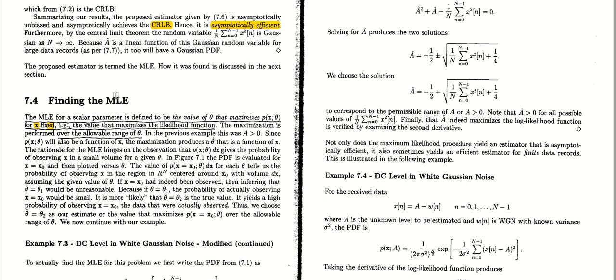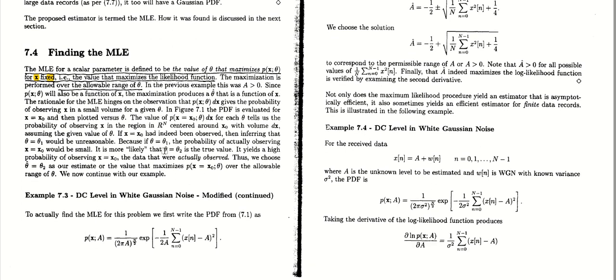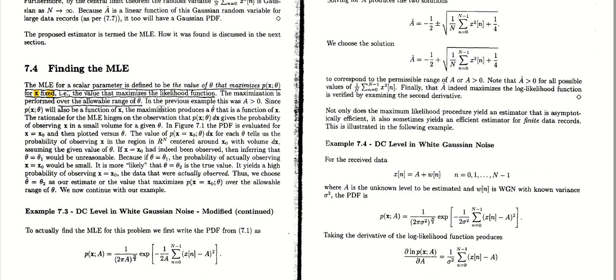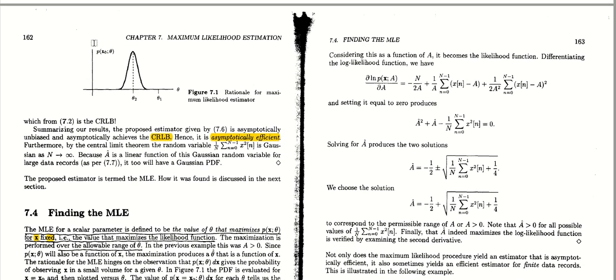Okay, so we want to find the theta value that maximizes p(x; theta). The idea is, let's take a look at this. This is p of x. X is being observed, so let's think of it as given, and then it has value theta.